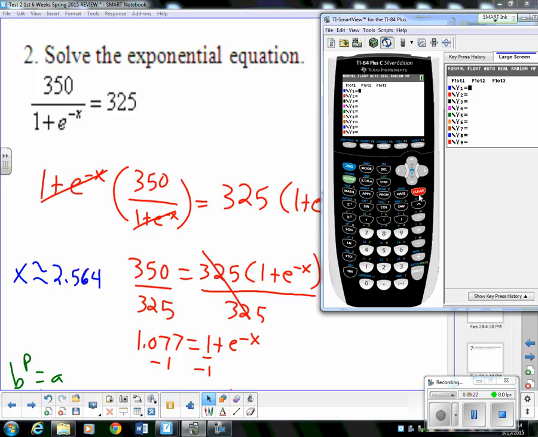What I need is parentheses 350, and I'm going to divide it by 1 plus e, wrong one, clear that. This calculator up here on the screen is a little blurry. 350 parentheses 1 plus e raised to the negative x.